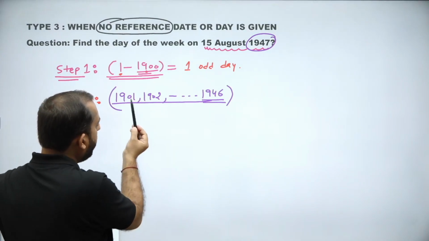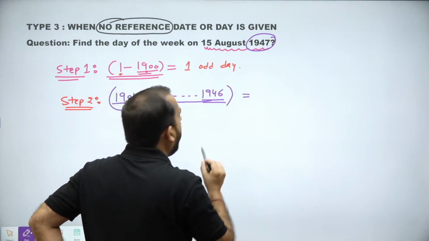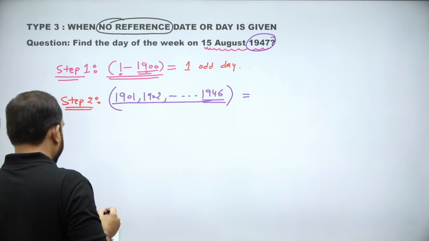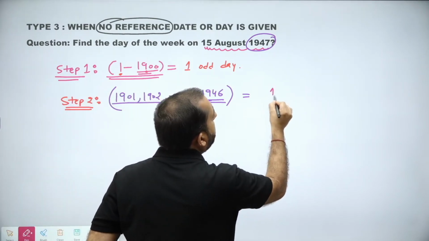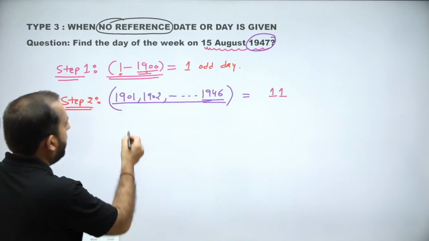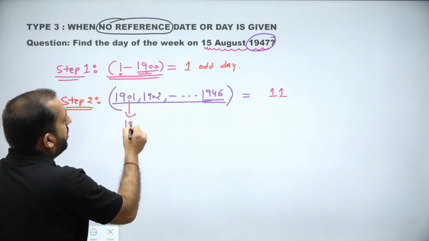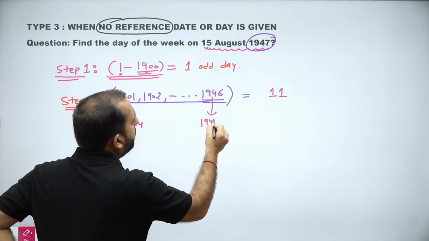Now from 1901 till 1946, how many leap years are there? 11 leap years are there. How to count it? See, 1904 and over here 1944.